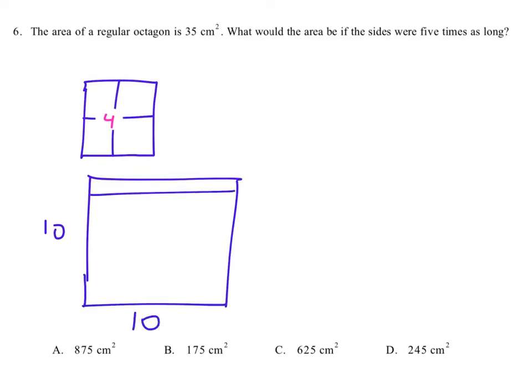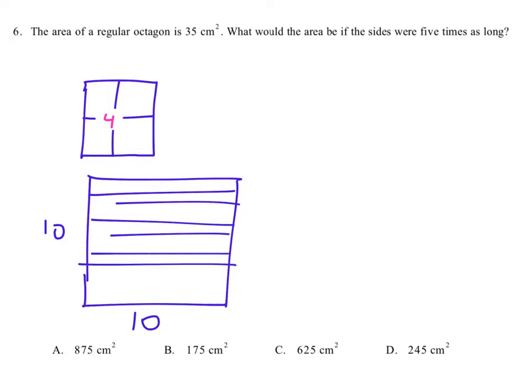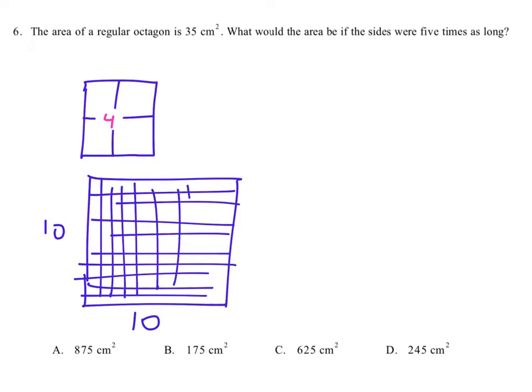And then if you draw all those lines in there, how many square units would you get? You would get 10 times 10, or 100 units. Okay, how many times bigger is that than the 4 units you started with?